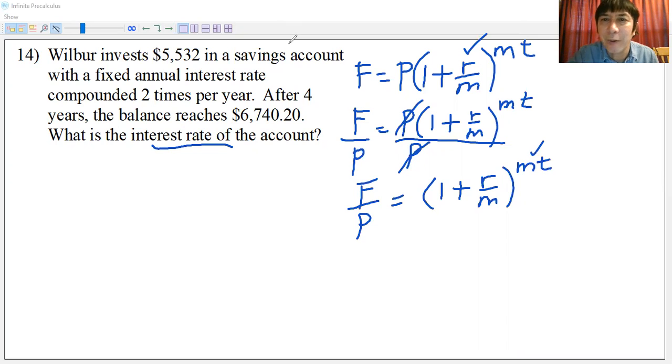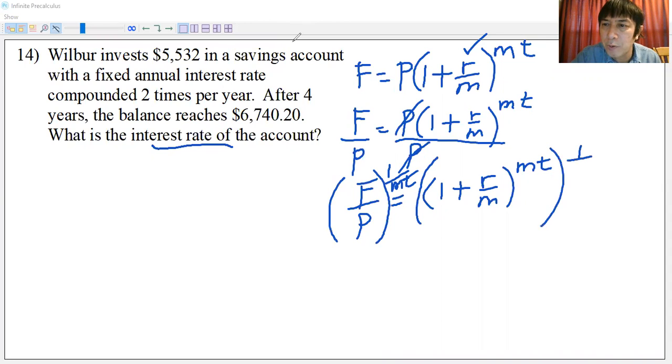I'll show you what I mean. If we raise this to 1 over MT, and also raise this to 1 over MT, then this cancels out there.